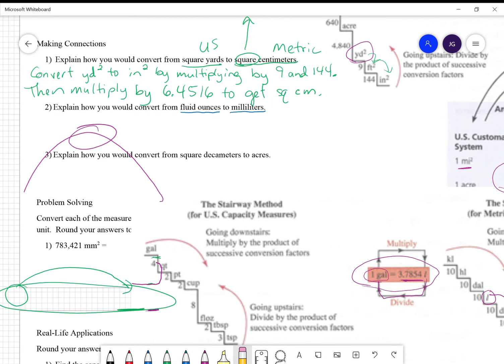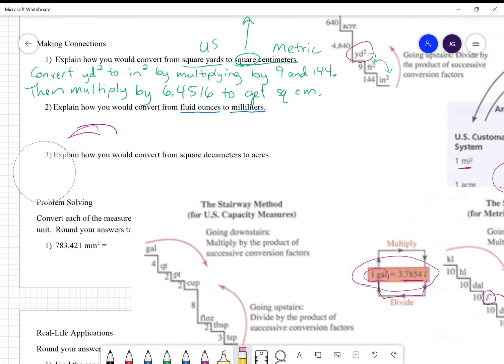So let me erase some of these markings so it's easier to see. So I just went to find the chart that had what I wanted on it. I'm starting at fluid ounces. The volume one didn't have fluid ounces. The capacity one does.